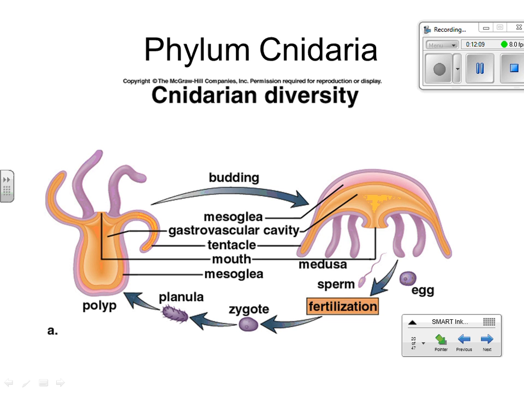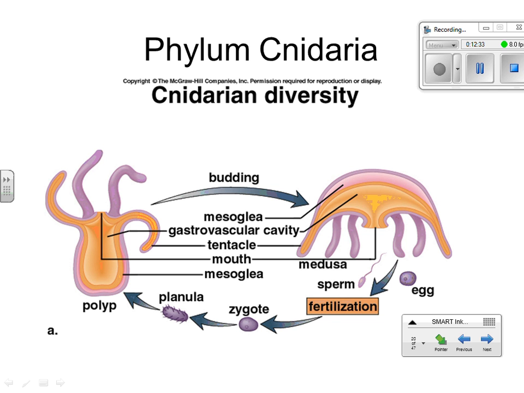A couple other things we'll mention while we're looking at the picture. Everything in orange in this picture is what's called the gastrovascular cavity. Think about that word for a minute. Gastro means what? Stomach. And vascular means vessels, like blood vessels.